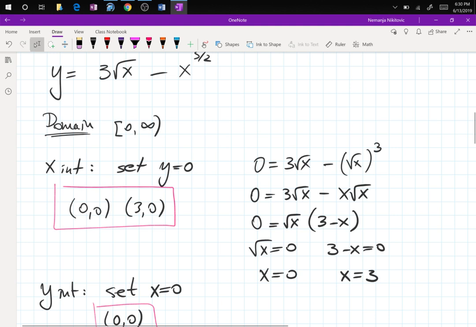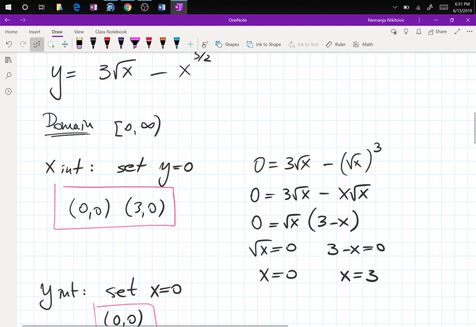Oh, look at that! So 0, 0 is the x-intercept and y-intercept, 3, 0 is an x-intercept, 1, 2 is the max that we calculated, increasing up to 1, decreasing after that, and always concave down. Cool, huh?